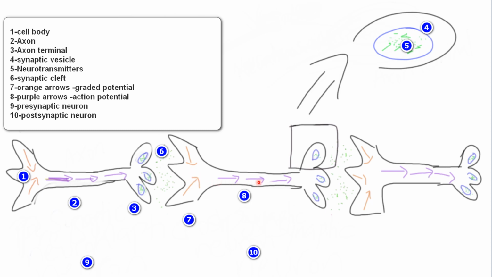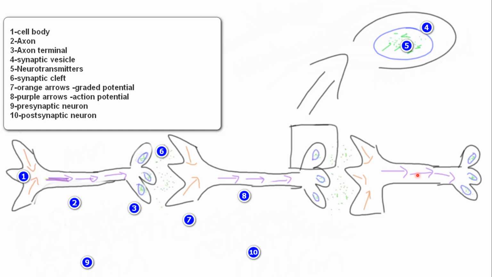Then another action potential is going to be triggered. The action potential runs down the axon until it reaches the axon terminals, and then same thing happens. Those vesicles are going to release the neurotransmitters in the synaptic cleft. The neurotransmitters bind to the dendrites, a region of the neuron, and another graded potential.